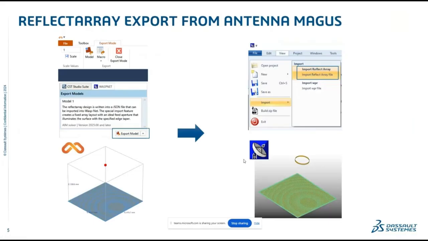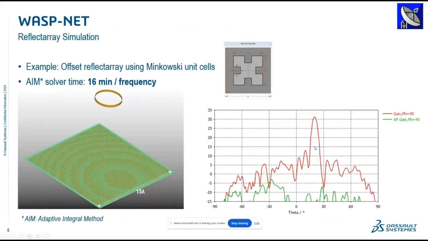For reflect arrays and large metasurfaces, we now have the synthesis in Antenna Magus. Once you synthesize these kinds of reflect arrays, in order to solve them, we have a new solver available through WaspNet, and we now allow you to export the synthesis of metasurfaces or reflect arrays from Antenna Magus to WaspNet.